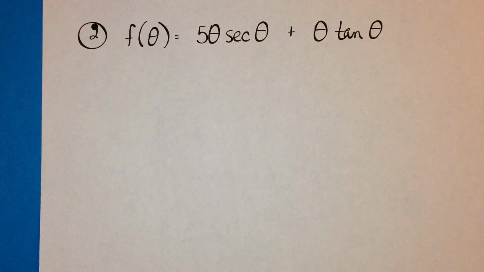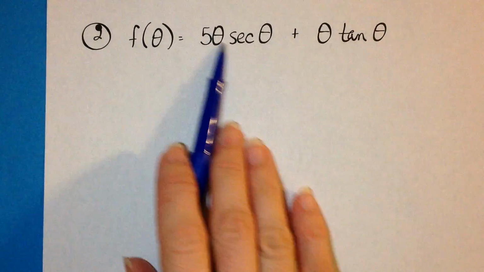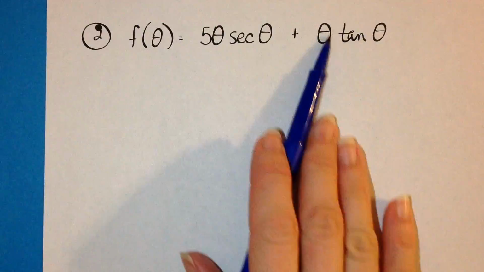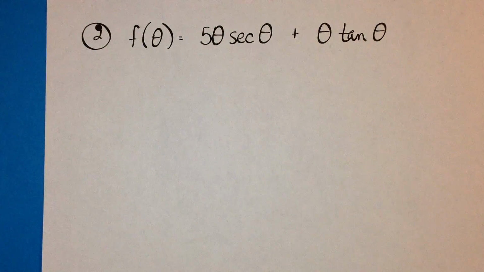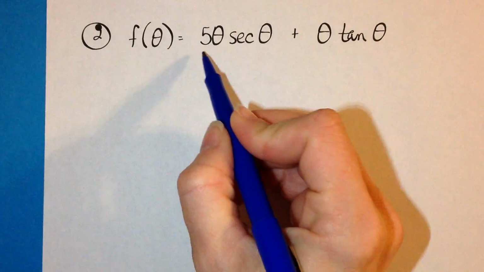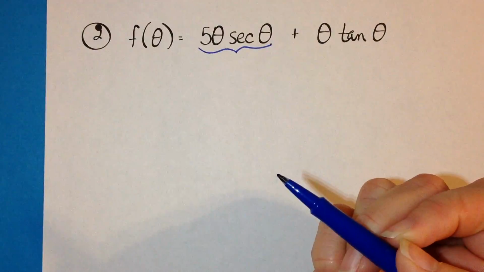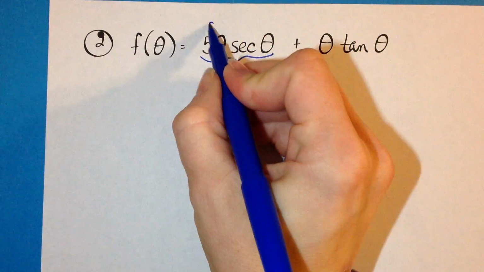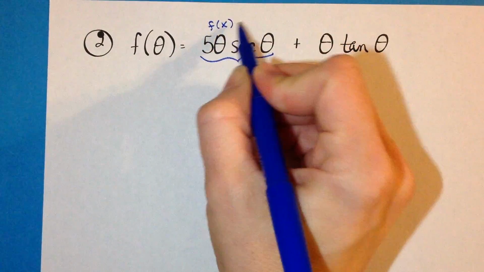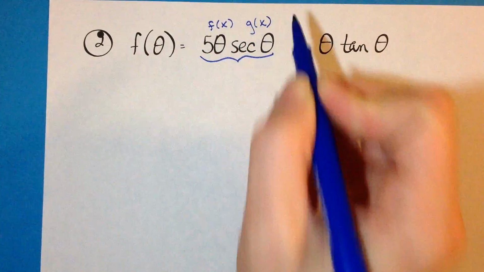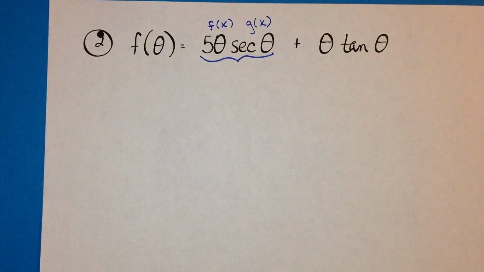Alright, so I have a sum, which means I can take the derivative of this term and take the derivative of this term. So I do those two things separately. But when I take this term, that's going to require that I use product rule because this is your first function, this is your second function, because 5 theta would be one function, secant theta would have to be another function.